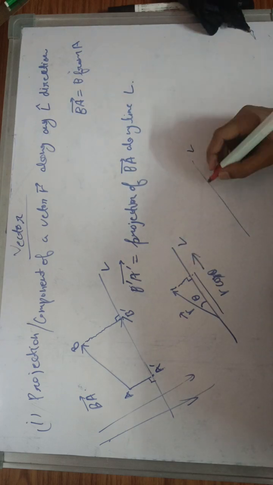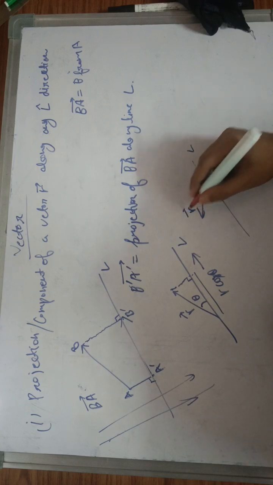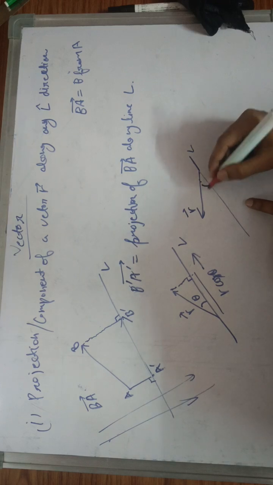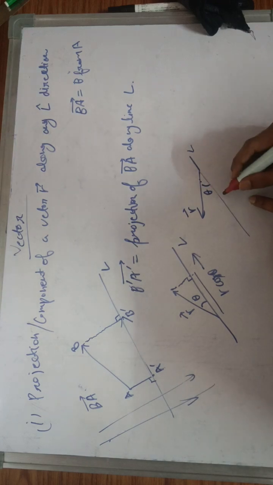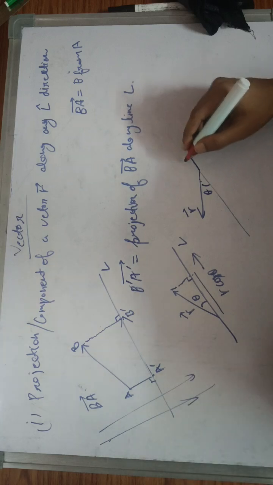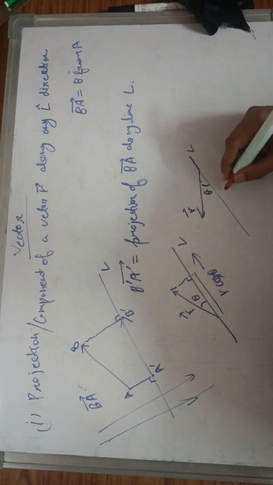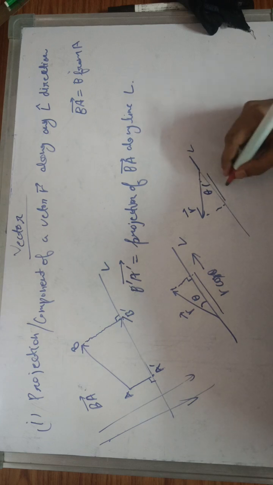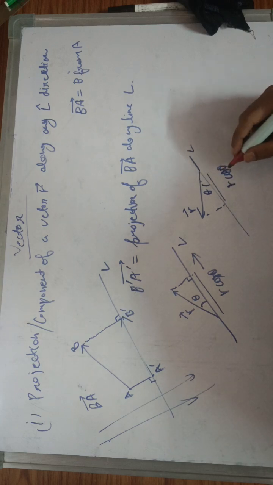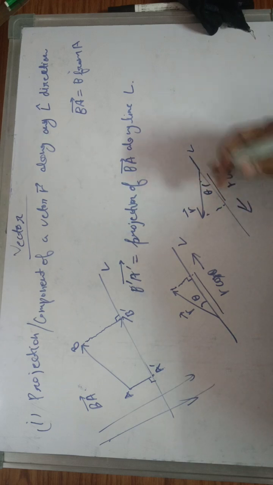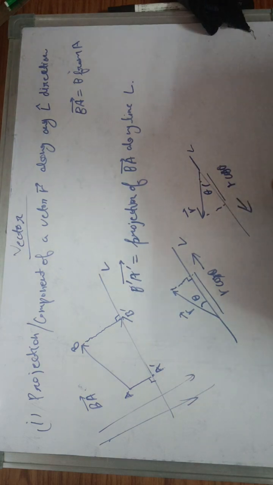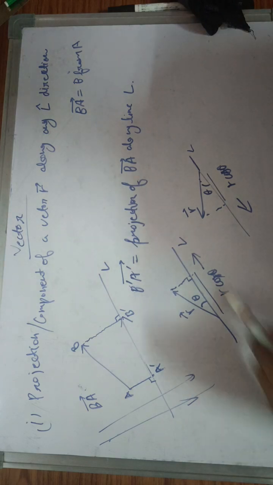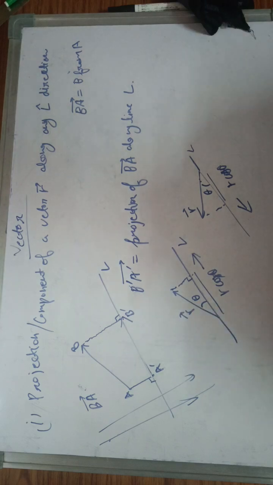If I take another line and this is our vector again, making theta angle with this line, this vector has a projection length equal to R cos theta, and the direction is now in this direction. So the direction of projection depends on the line and the vector also.